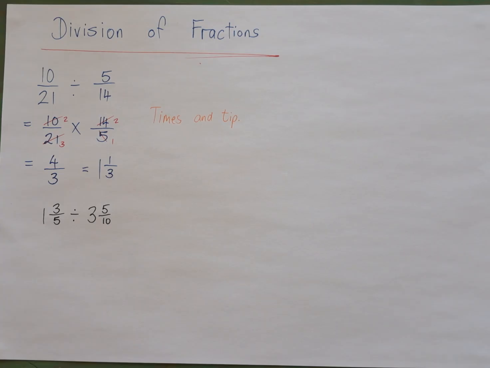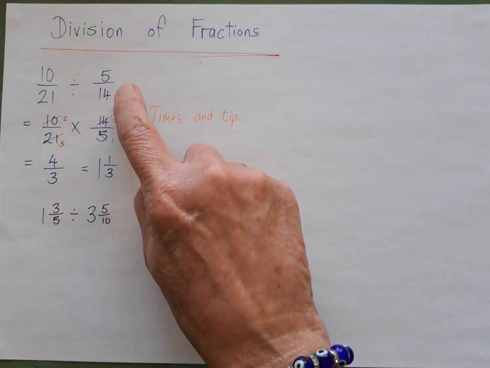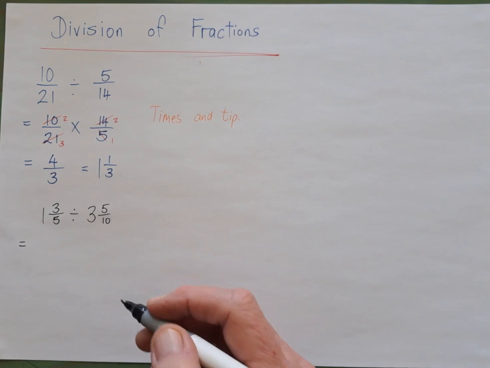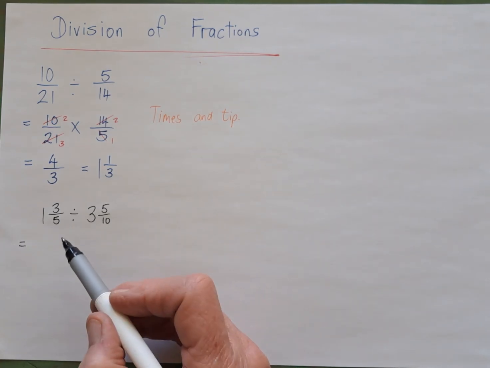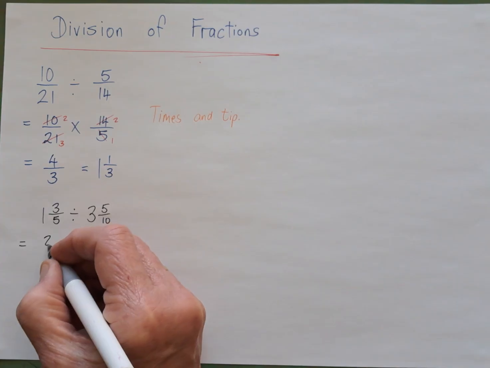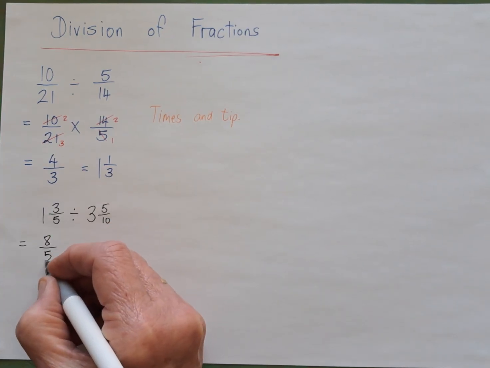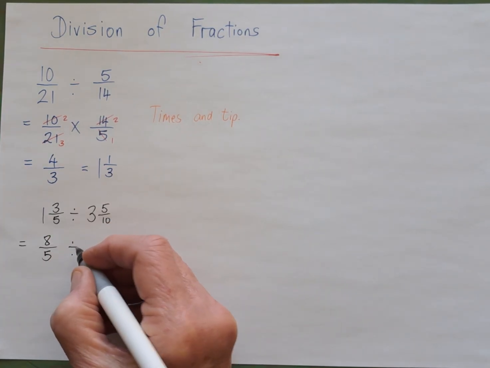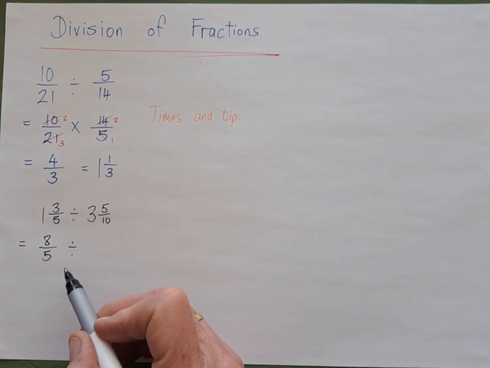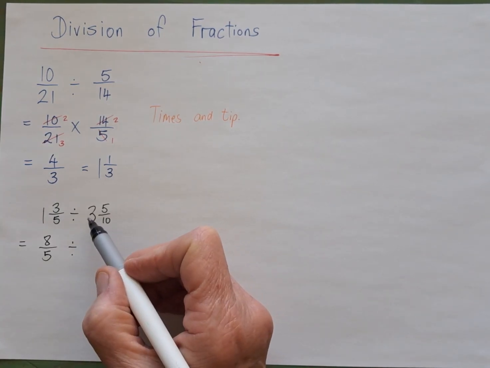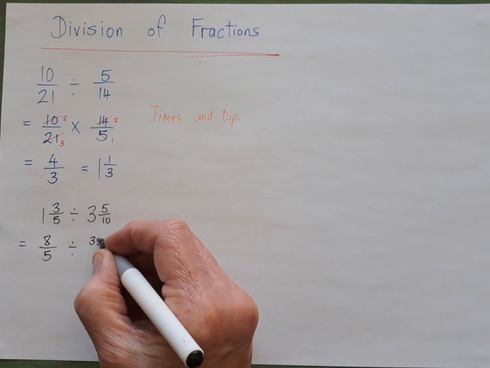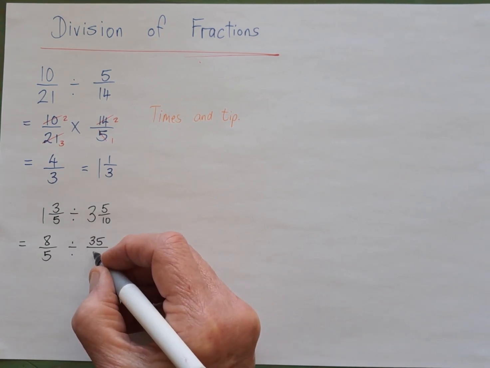If we're presented with mixed numbers instead of common fractions, we just have to do that first initial extra step of converting to improper fractions. 5 times 1 is 5, plus 3 is 8 over my denominator. At this stage, leave it as a division sign. Don't try and do 2 steps in one. That's where people come short. 10 times 3 is 30, plus 5 is 35 over 10.